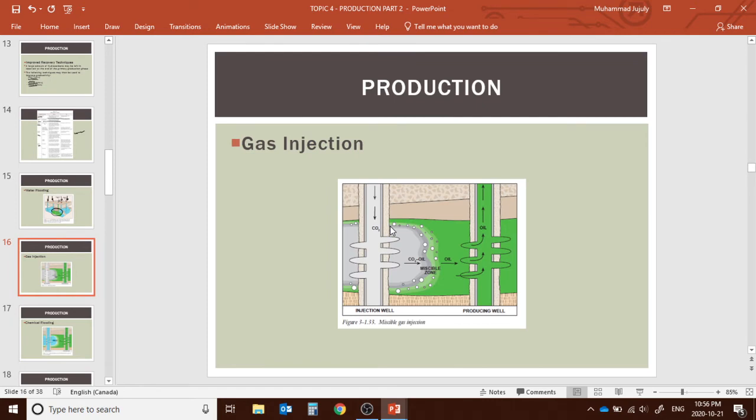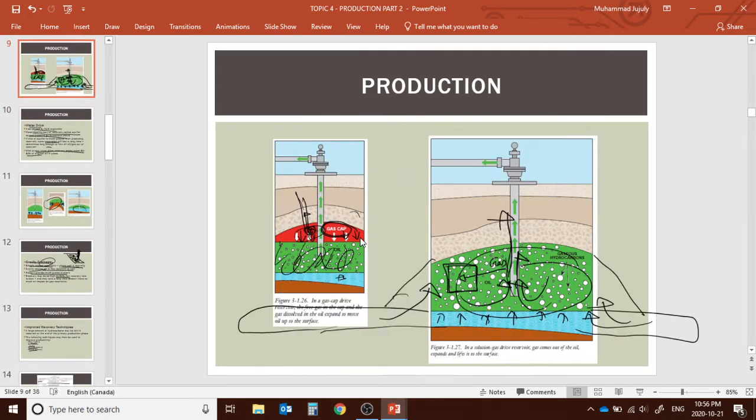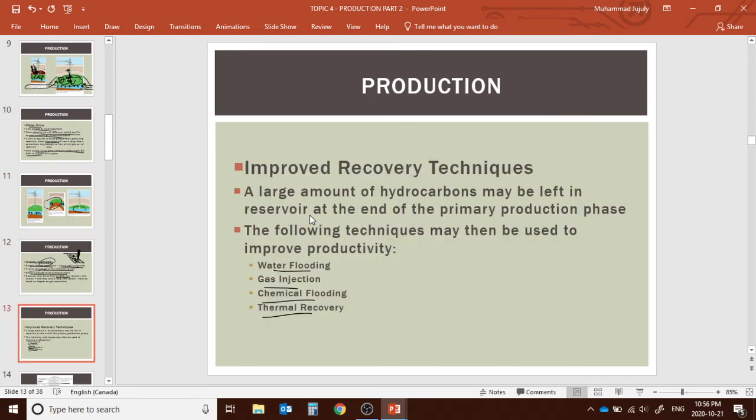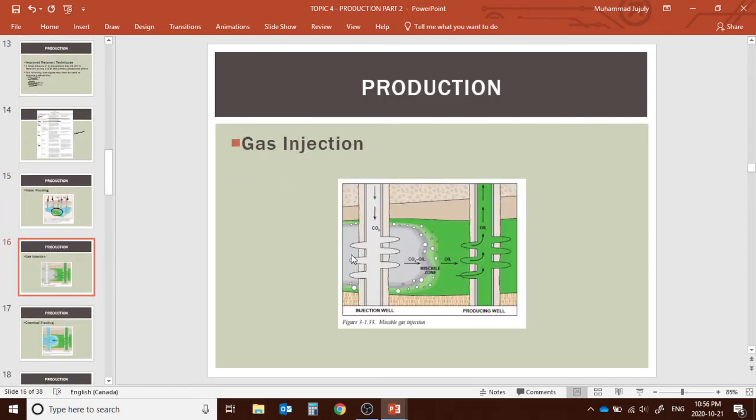Gas injection. This is a very interesting one. For instance, the same way, we don't have gas in here, but we want the gas pressure. How can you do that? You can drill another secondary hole in here and inject some gas. If you have the gas, you can inject it. For instance, you can inject carbon dioxide, or as you know, the oil has dissolved natural gas.